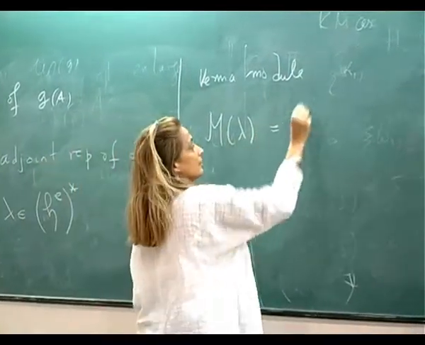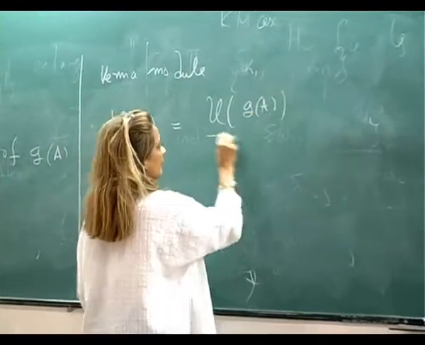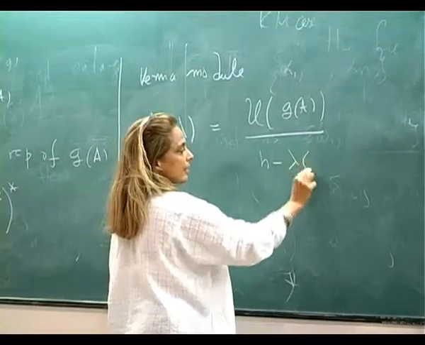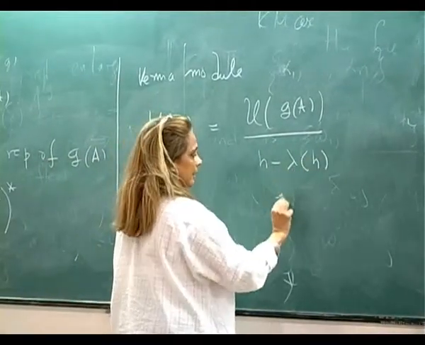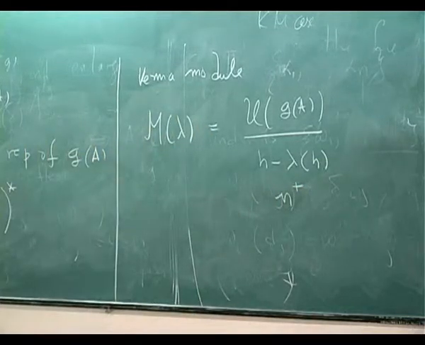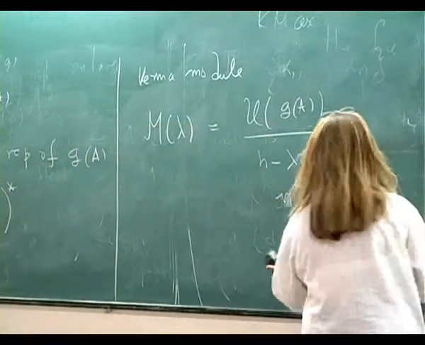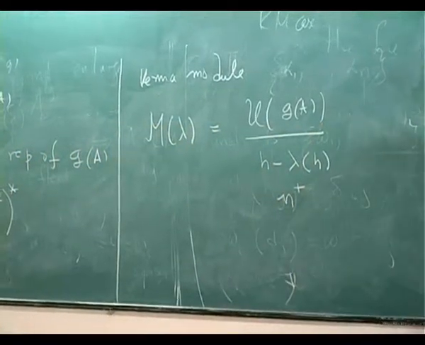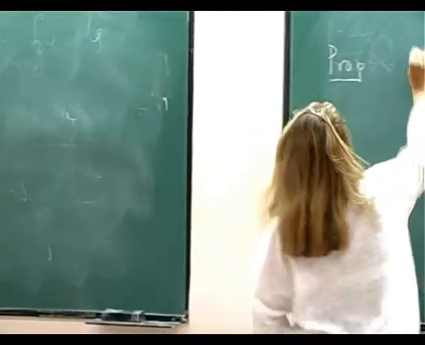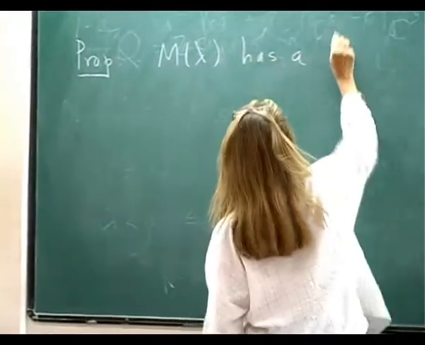We take the enveloping algebra of g, and you quotient out by some obvious relations, which are h minus lambda(h) and n plus. Okay, and you have to believe that everything works exactly like it does in the simple case, and you prove the following proposition: M lambda has a unique irreducible quotient.